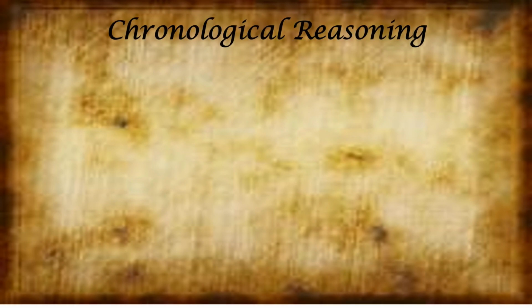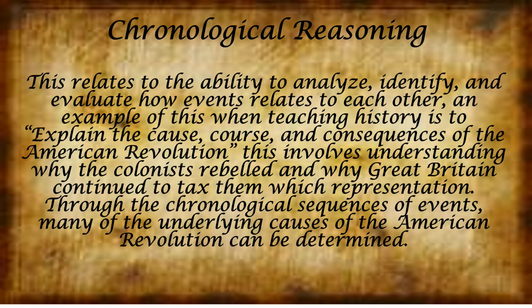Our second historical thinking skill is chronological reasoning. This relates to the ability to analyze, identify, and evaluate events related to each other. And an example of this would actually be explaining the cause, course, and consequence of the American Revolution.